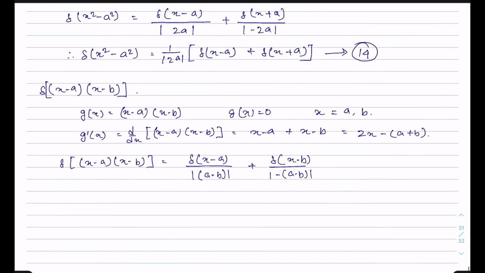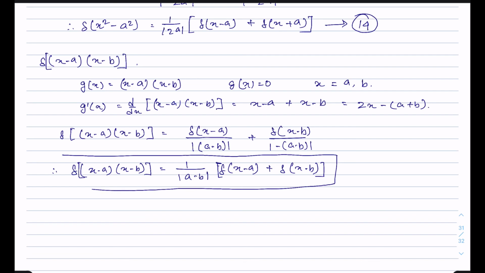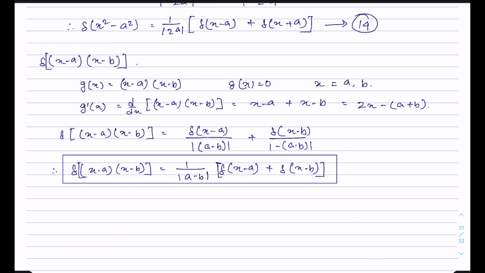So you will have delta((x minus a)(x minus b)) equal to 1 over mod of (a minus b) times [delta(x minus a) plus delta(x minus b)]. Again, you may consider it as another property of the delta function. Let's number it 15.